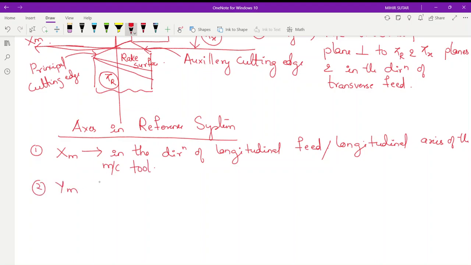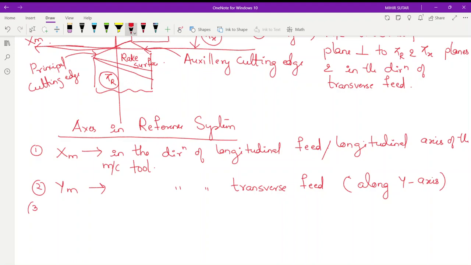Second, YM. What is YM? It is in the direction of transverse feed, along the Y-axis.